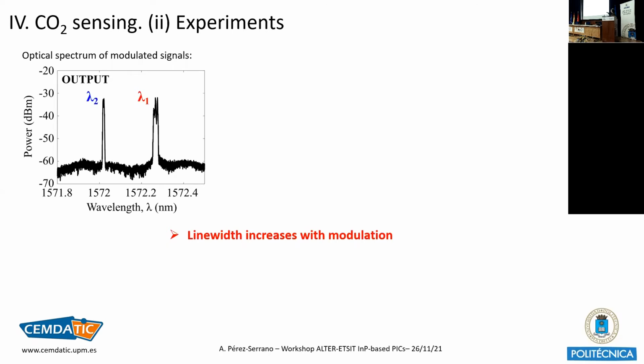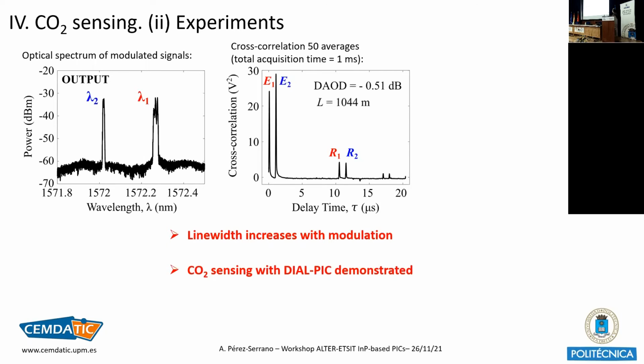But in this case, as lambda-1 will be in the low absorption region, it is not affecting us too much. And here, what I'm showing you is the cross correlation obtained with 50 averages. So this is a total acquisition time of 1 millisecond.